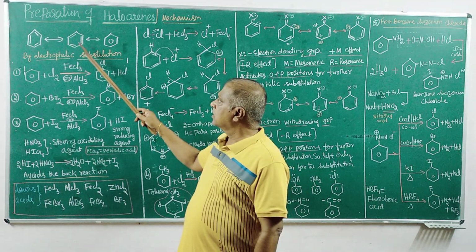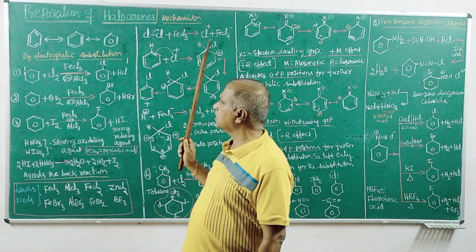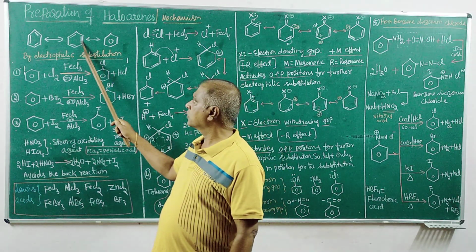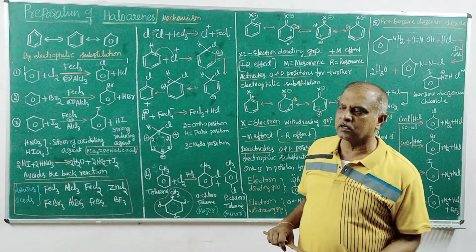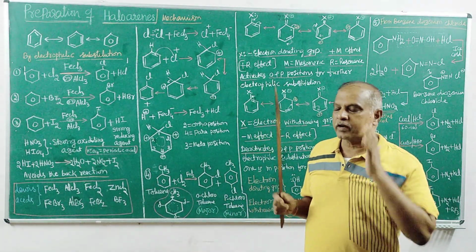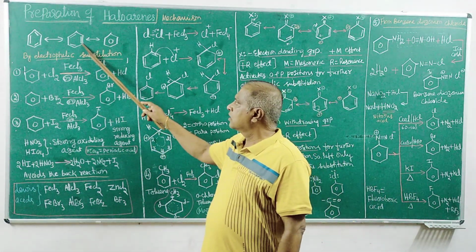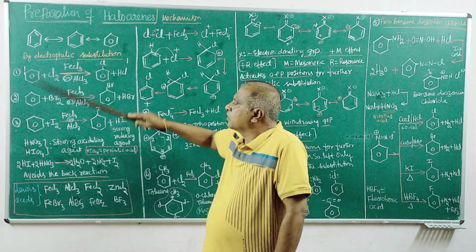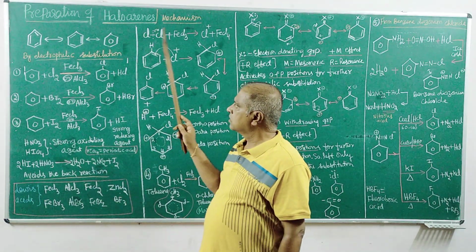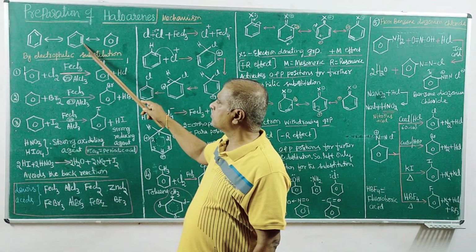That is why, for any reagent to attack, usually the attack on benzene is the attack on the pi bond. To attack the pi bond, it requires a strong reacting agent. With the attack on the pi bond, that reagent will replace the hydrogen by another group.